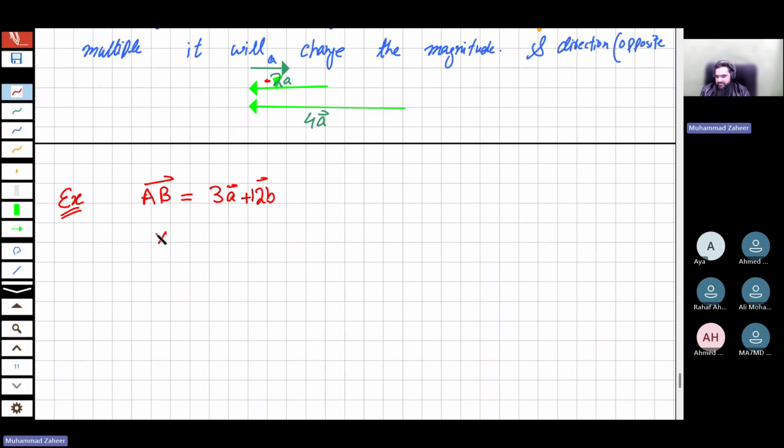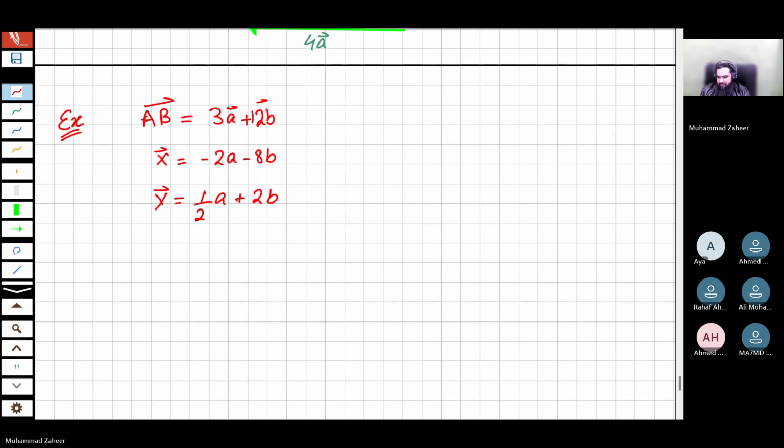There are some other vectors, let's say x, that is minus 2a minus 8b. There is a vector y, 1 over 2a plus 2b. There is a vector z, 9a plus 36b.